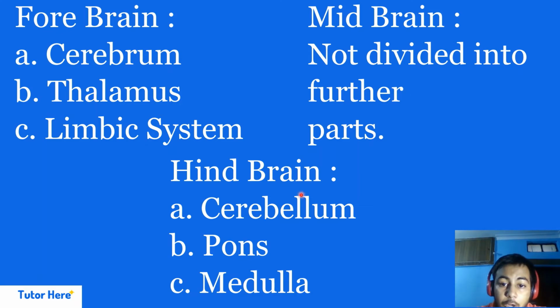Then the hindbrain is also divided into three parts: cerebellum, pons, and medulla. You can also call it medulla oblongata, the proper name. Remember, don't confuse cerebrum and cerebellum. The cerebrum is part of the forebrain and the cerebellum is part of the hindbrain. They are totally different structures present in different parts of the brain.